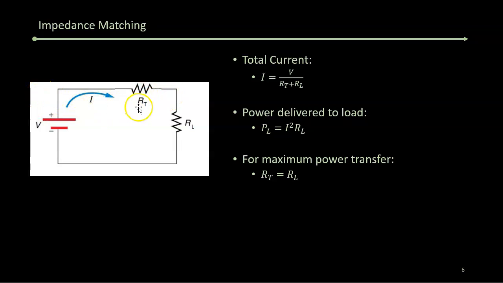So if they're not matched, you've got energy going back towards your power source, and not all of it's being spent in the load resistance. Only when the transmission impedance or resistance matches the load do you get all of the energy transferred to the load. In every other situation, some of it reflects back.